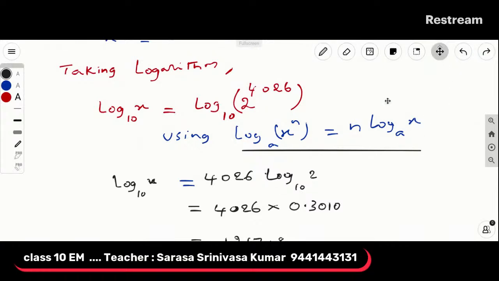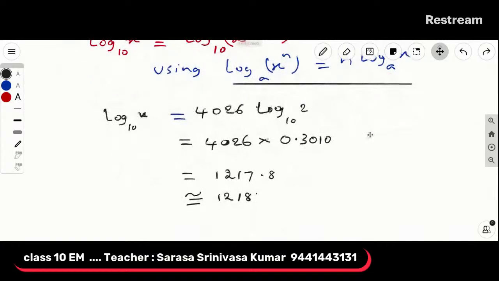But it is given that log 2 base 10 equal to 0.3010.